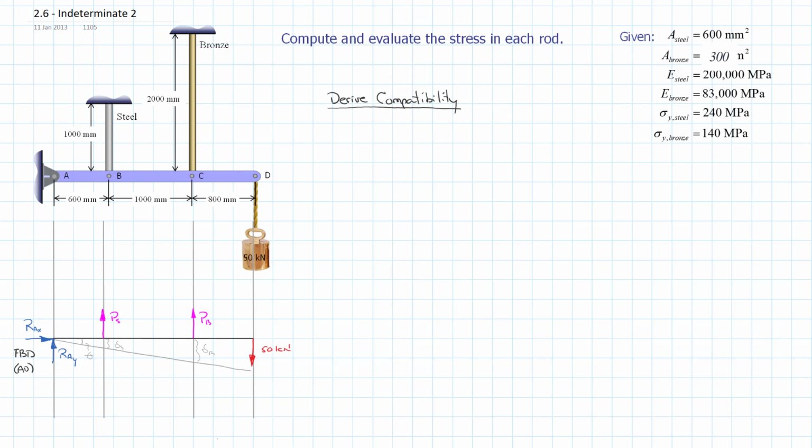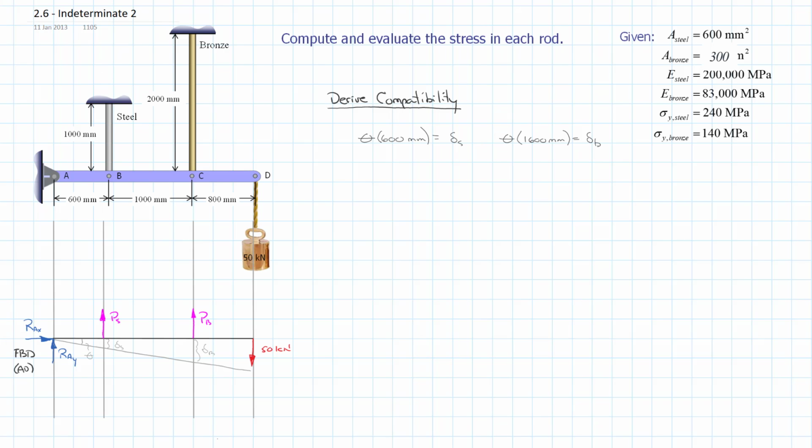Using small angle approximations, we know that theta multiplied by the distance, in this case 600 millimeters, will give you the value of the deflection in the steel rod. We also know that theta multiplied by 1600 millimeters, which is the distance between A and C, will give us the deflection in the bronze rod.